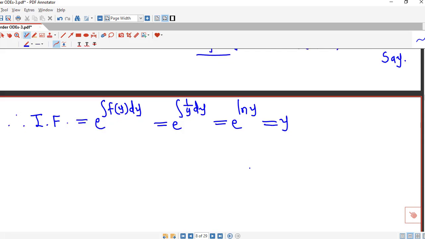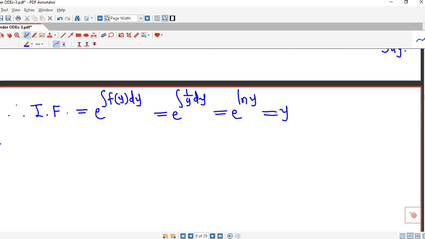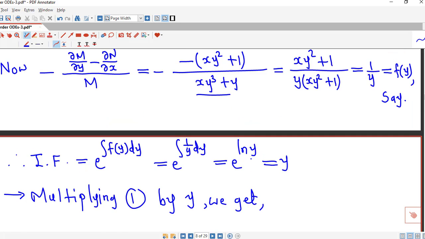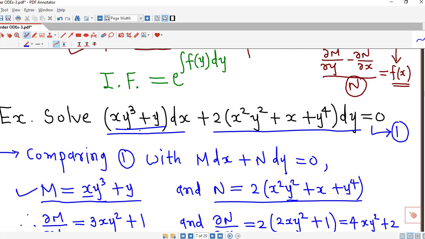So now we multiply the given equation by this integrating factor, y.